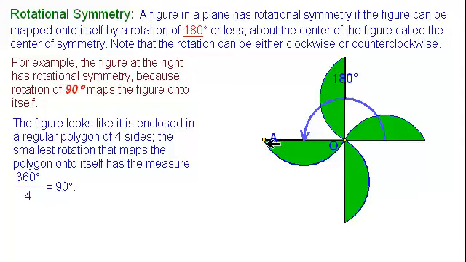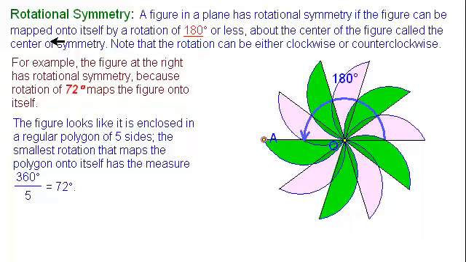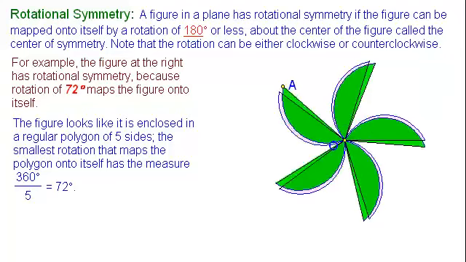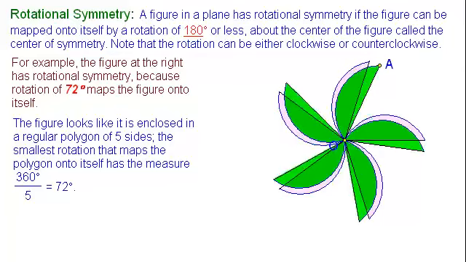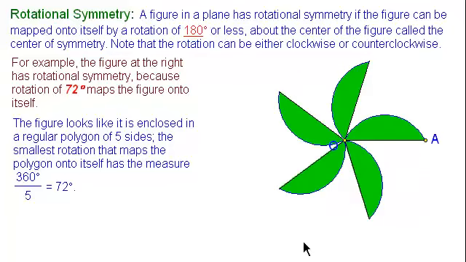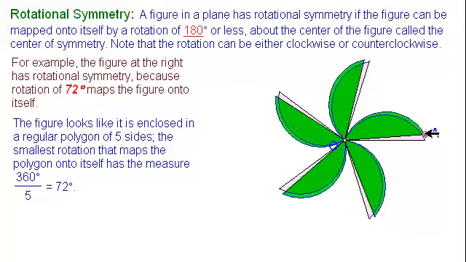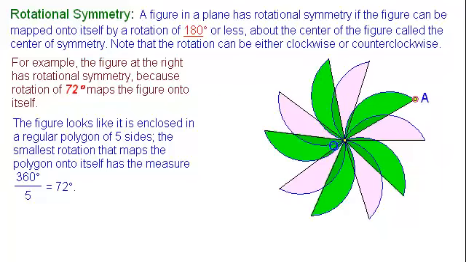What happens if I have a figure which has five parts? Let me reset to the original one. Now in this case, let me show you the angle.